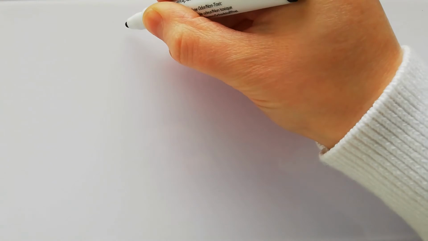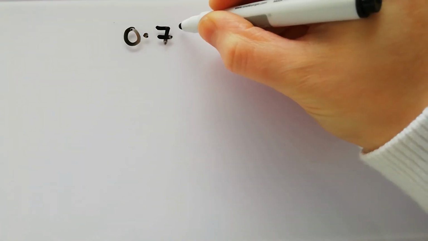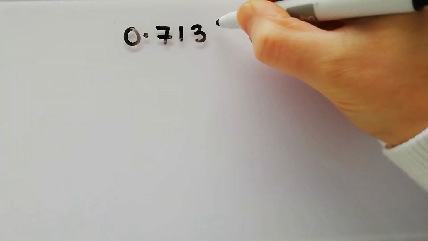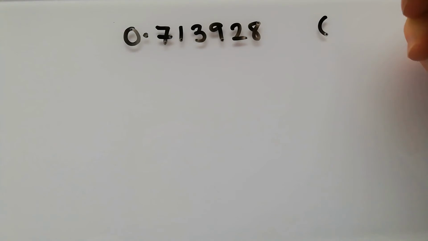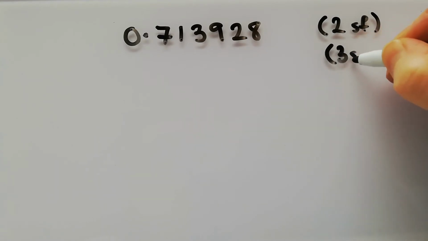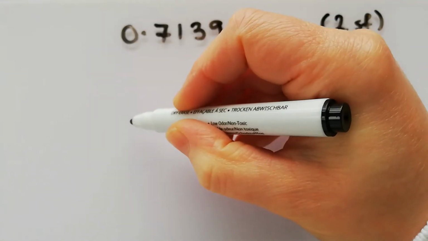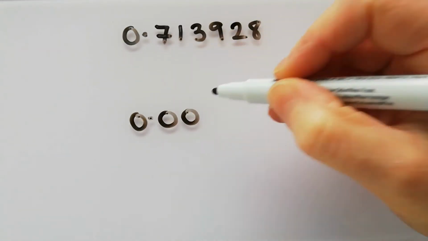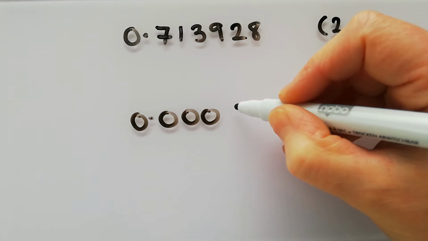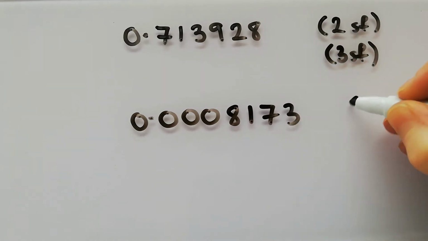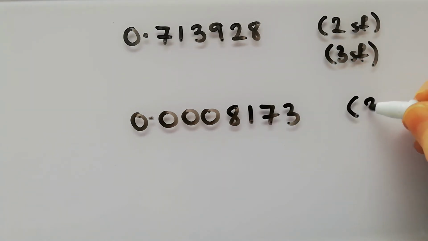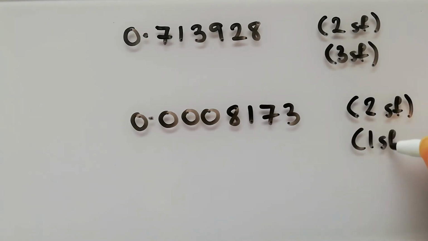So if you have a go at 0.7139228, if you round that one to 2 significant figures and also to 3 significant figures, and then do 0.0087173, if you round that to 2 significant figures and 1 significant figure.